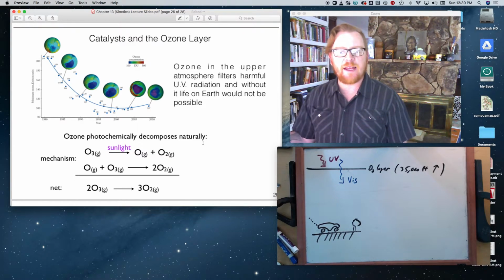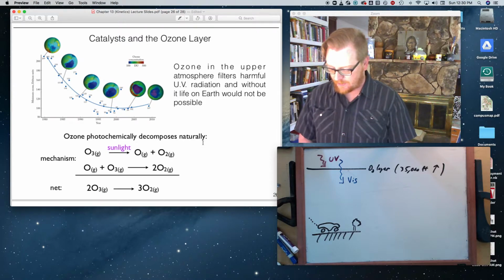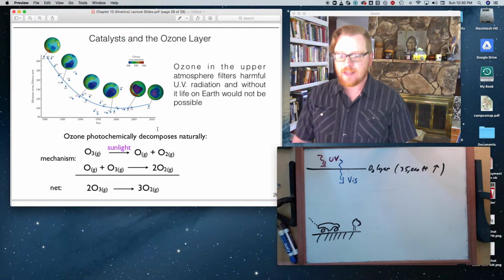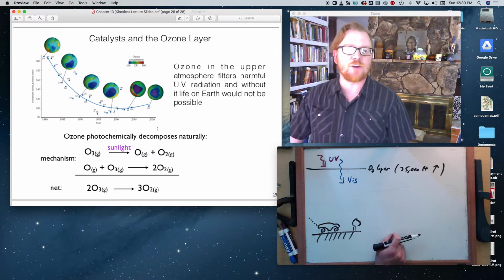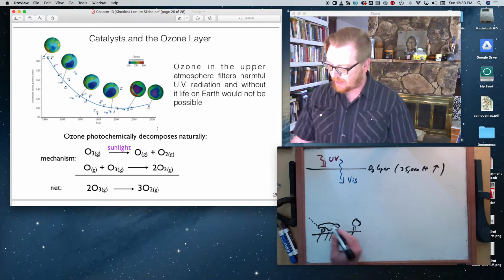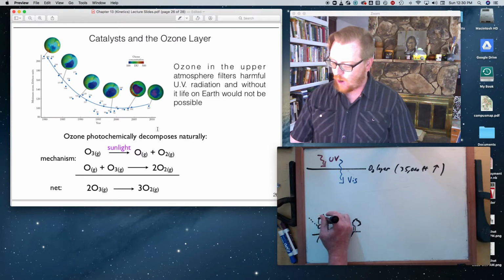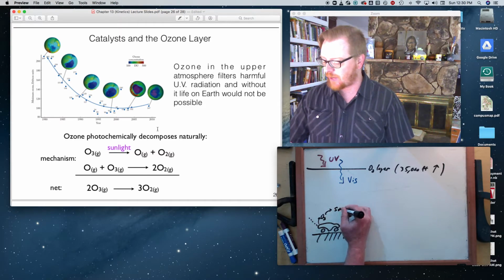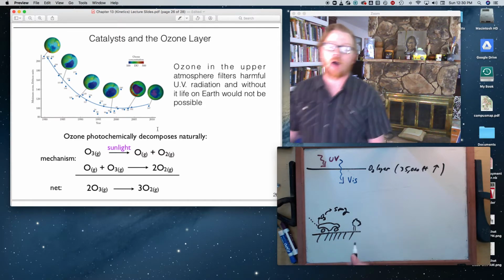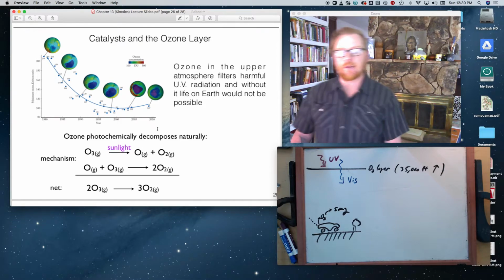But this is what I call the paradox, that ozone is also toxic to humans and plants and animals. So pollution can actually generate O3 down at the ground level where we live, and that goes on to create smog. And I'm going to talk about this in a moment.